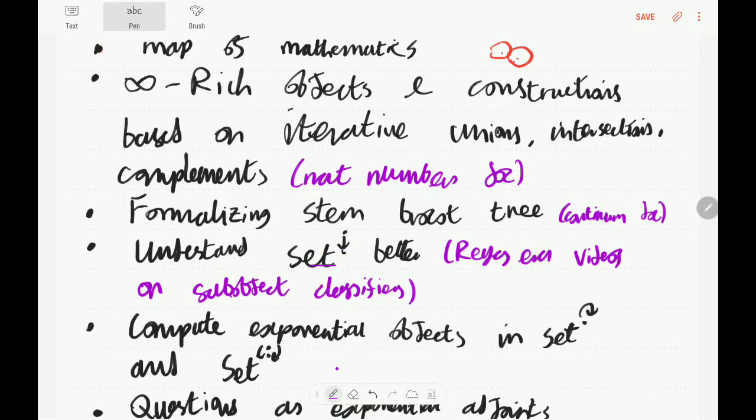I have some results about certain kinds of symmetries which occur in this category that are quite interesting.